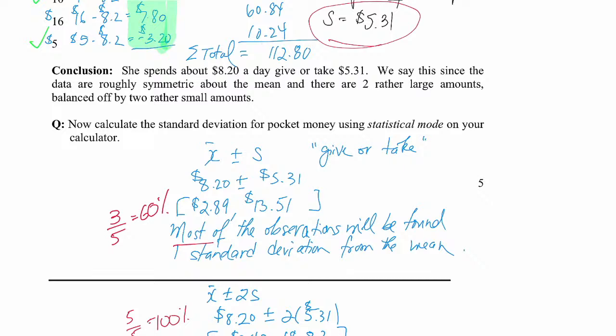If you give or take 2 standard deviations, that's all the data. So it's pretty tight. It's a tight distribution because all the data falls within 2 standard deviations. A more spread out or more volatile distribution would be one that is more than 2.